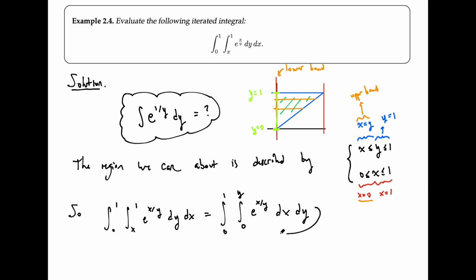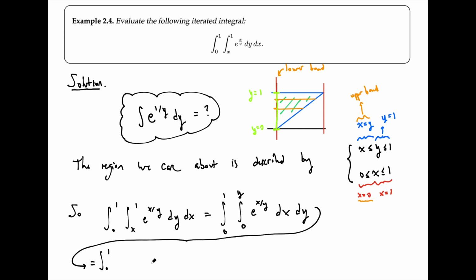From here, this is a straightforward single variable integration problem. We just have to be careful because initially, now that we're integrating with respect to x, I'm treating this y as constant. So the antiderivative here, this is e to the x with a coefficient of 1 over y.